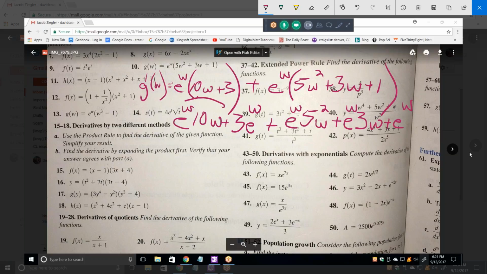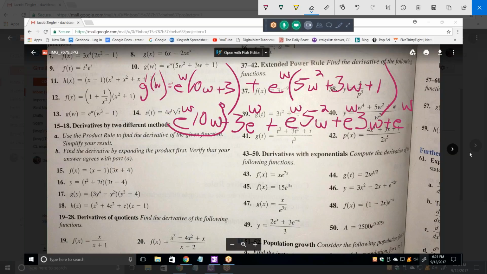Notice what I can do here. I didn't notice this when I first looked at it, but now I see it.